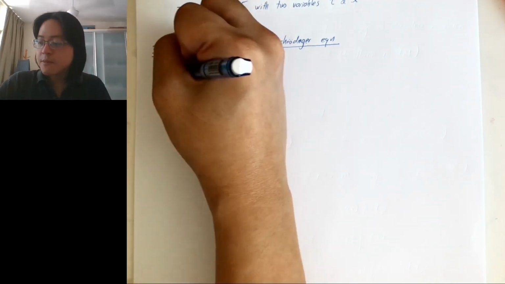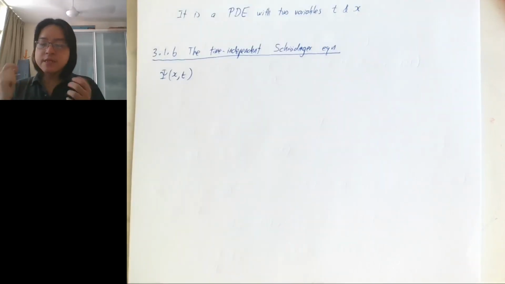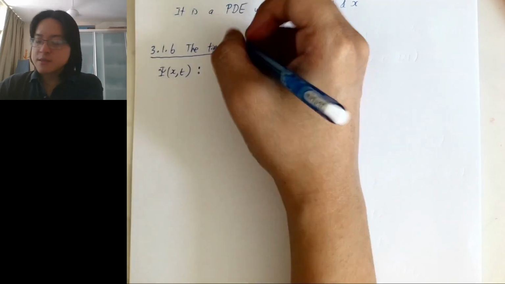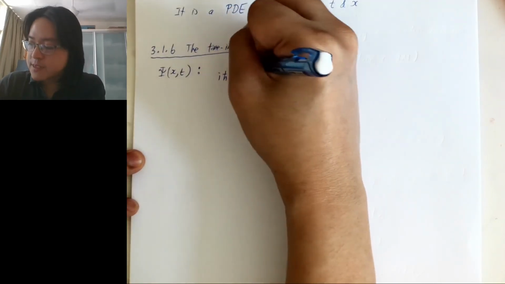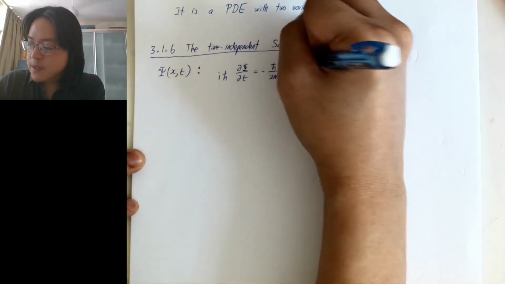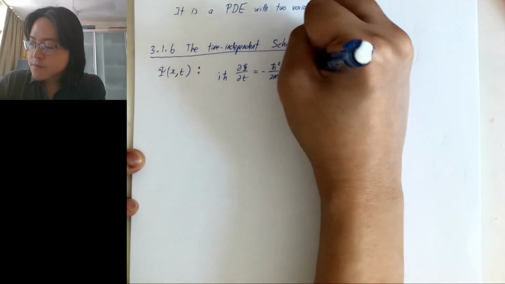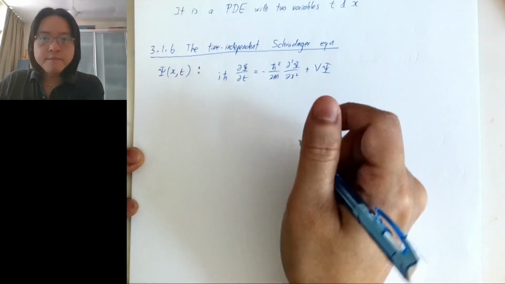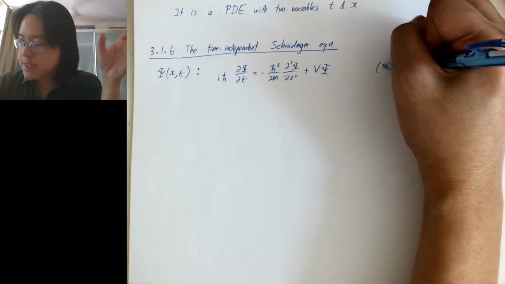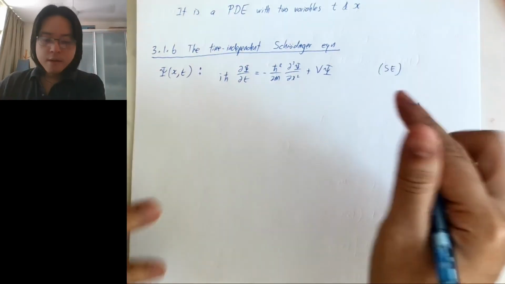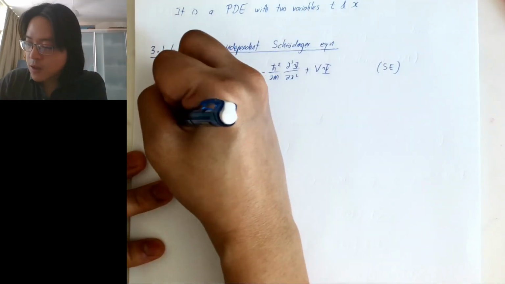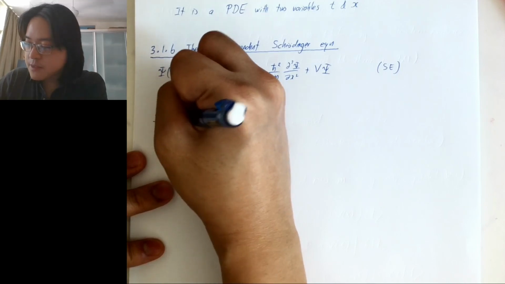So it depends on x and on t, a two-variable function, and it should be a solution to my Schrödinger equation: i h bar d psi dt equals h bar squared over 2m times the second derivative, plus V psi. This is a partial differential equation, which I'll call SE, the Schrödinger equation. But let me simplify it using the concept of separation of variables.